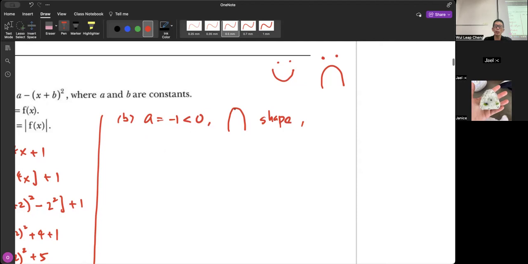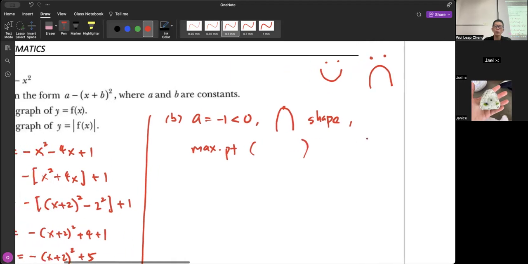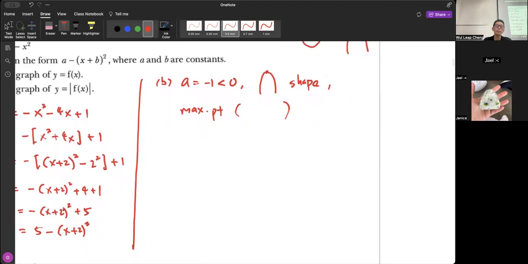So sad, that is a maximum point because that is the highest point, a peak point. What is the maximum point? How do we read the maximum point from here? What value has to come first? 2 or -2?